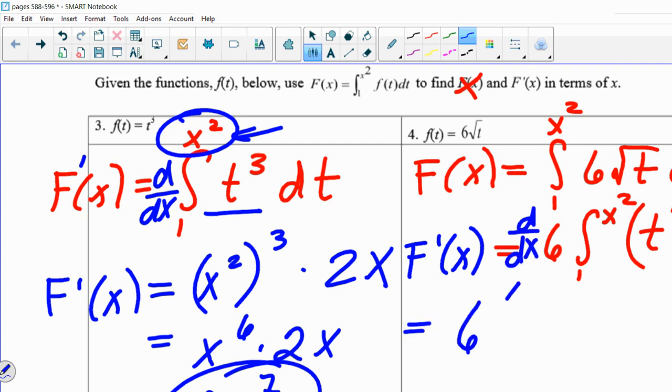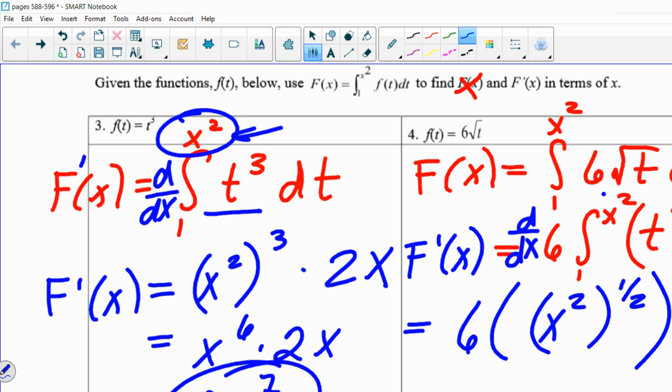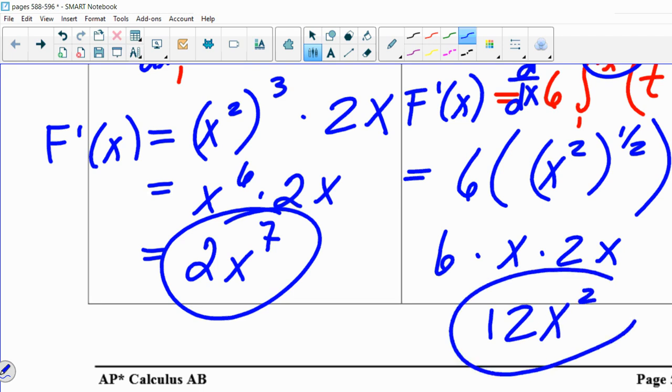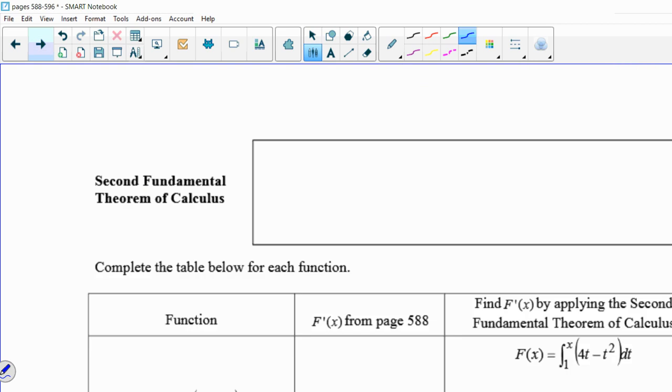So it's going to give us 6 times this t to the 1/2 evaluated at x squared. So that's going to be x squared to the 1/2 times the derivative of x squared. So what's that give us? 6 times x times 2x. I believe that gives us 12x squared.